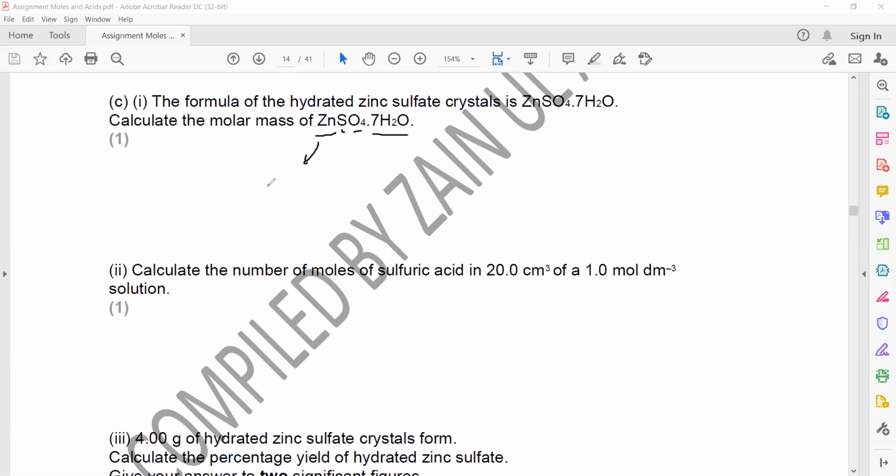So that is 65.4, plus sulfur 32, plus oxygen 16 multiplied by 4, plus water: H2, hydrogen is 1 multiplied by 2, plus oxygen 16, so total is 18, and that is times 7. This will give us the molar mass of hydrated zinc sulfate, 287.4 gram per mole.